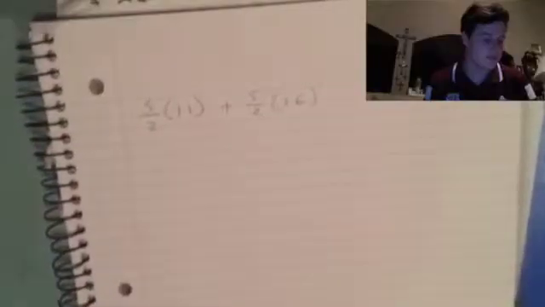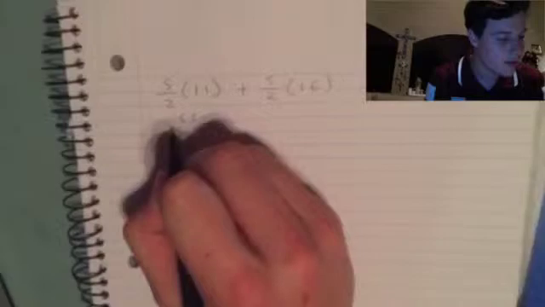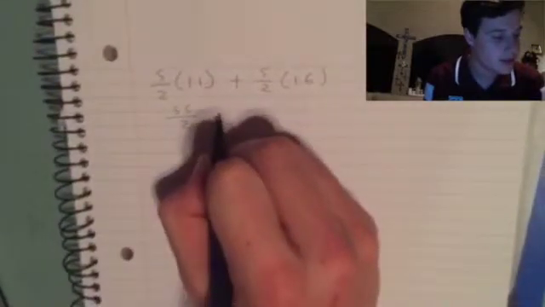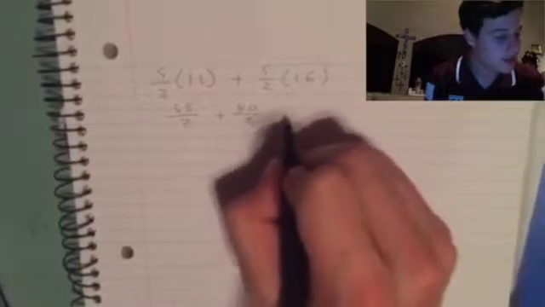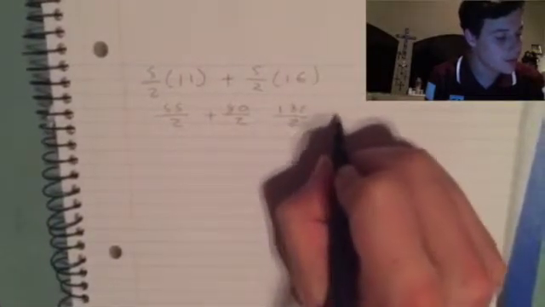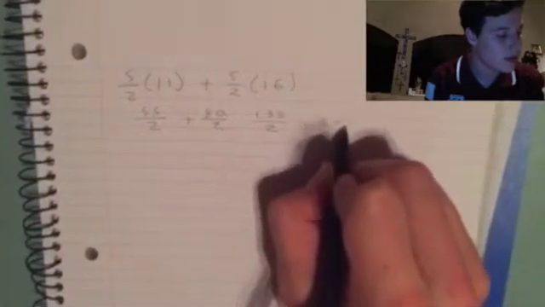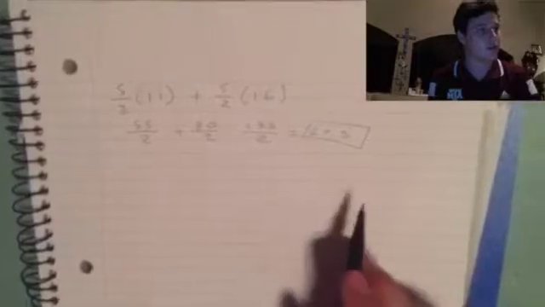So we come to this, we got 55 over 2 plus 80 over 2, which gives us 135 over 2, which we can simplify to equal 67.5, and that is going to be your area under the curve.